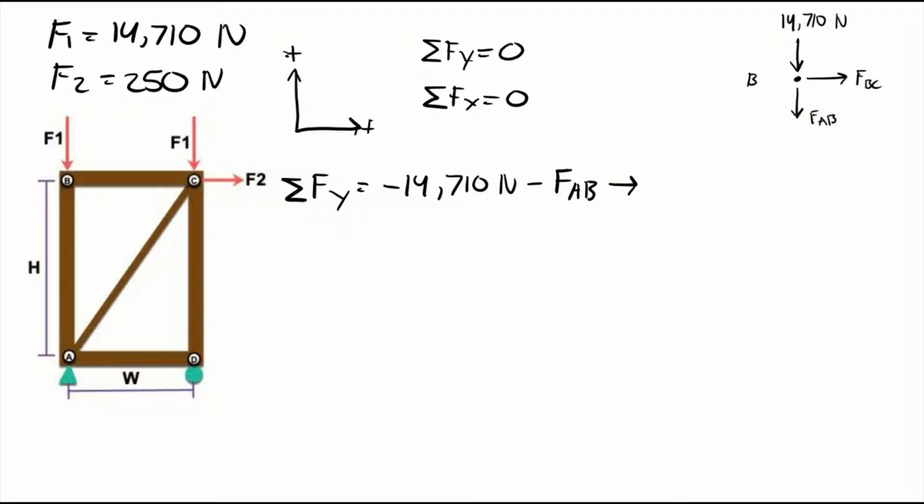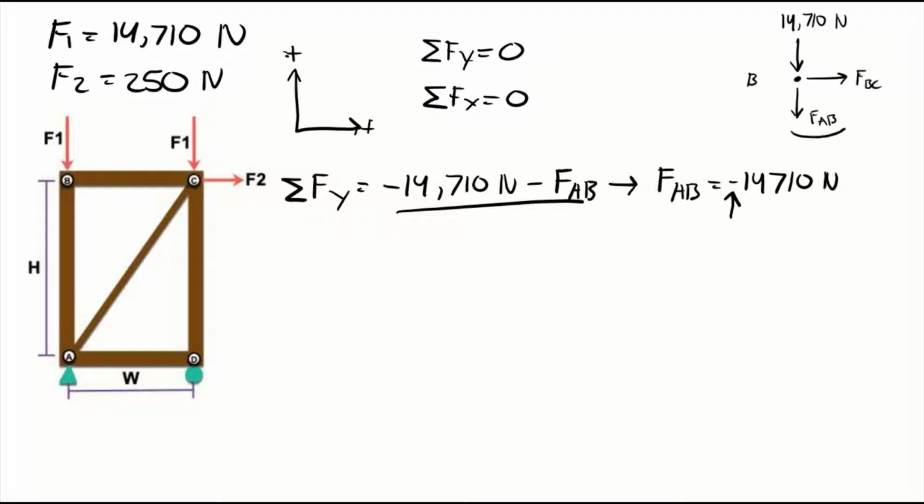This means, from this equation, F sub AB equals negative 14,710 newtons. So what this negative value here means on this force is that I simply drew the arrow the wrong way in my free body diagram when I was breaking the joints apart.